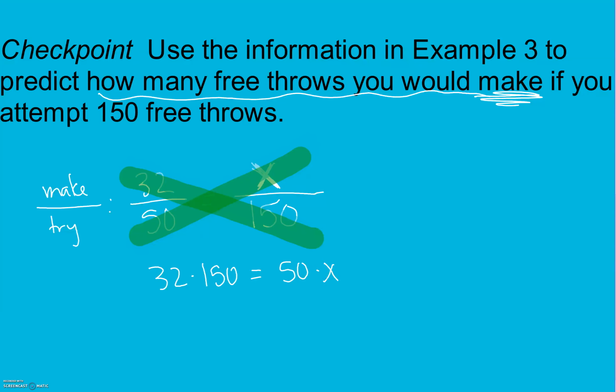When we multiply 32 and 150, we get 4,800. And then to get rid of the multiplication, we have to divide. So we divide by 50 and get 96. So based off the 32 out of 50, if we shoot 150 or 3 times as many, we're going to make 96, which is 3 times as many as today.